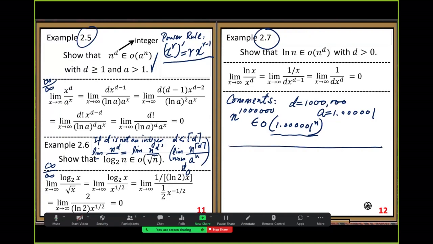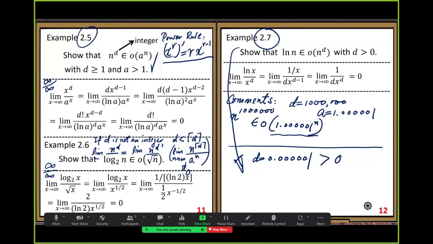So in this case, can we make that d equal 0.000001? Can we make that? We can, right? Even if we make d this small, we know it's positive, greater than 0.